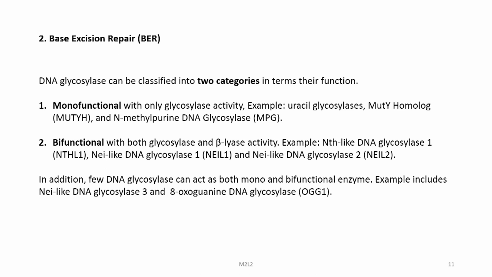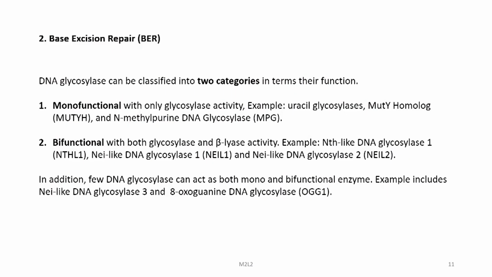Bifunctional enzymes have both glycosylase and beta lyase activity, and examples are OGG1, NEIL-like DNA glycosylase 1 and NEIL-like DNA glycosylase 2. In addition, a few DNA glycosylases can act as both mono and bifunctional enzymes. Examples include NEIL-like DNA glycosylase 3 and 8-oxoguanine DNA glycosylase.